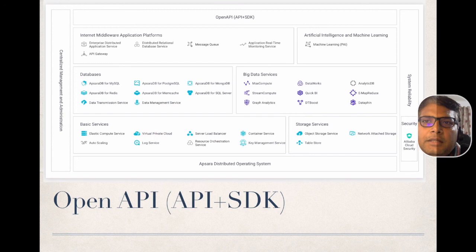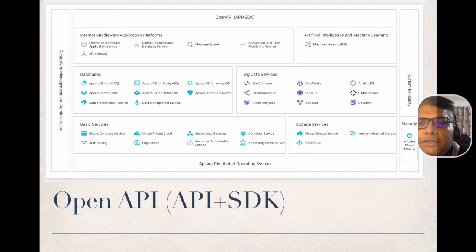Then if you go a layer deeper, at the left side, you see the Internet Middleware Application Platform. This is completely or mostly a distributed system, and how the distributed system works in the Alibaba environment. I will go through all of this once we dive deep.